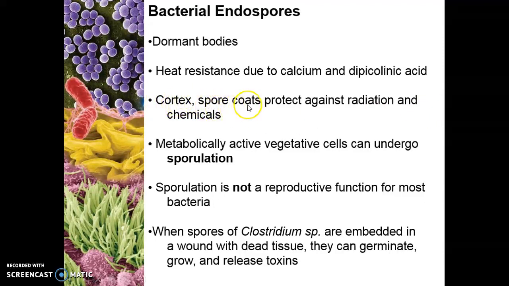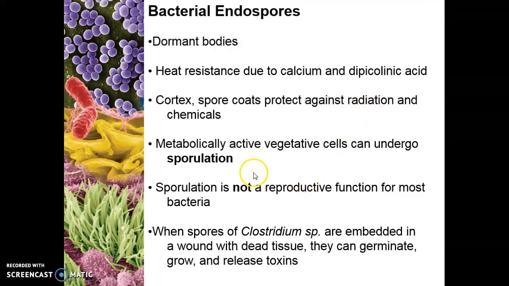This is the spore coat, and it will protect against radiation and chemicals. If you have endospores floating around in the air and they get into a hospital setting, sometimes radiation and chemicals are used to try to decontaminate or even sterilize equipment. But if you have endospores present, a lot of times those processes aren't going to work.